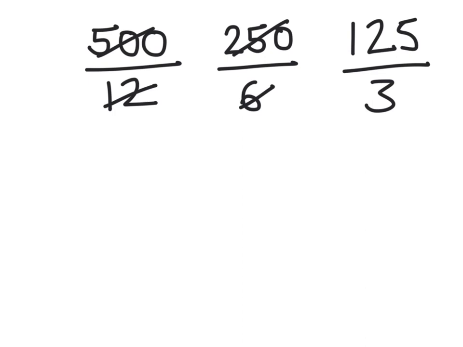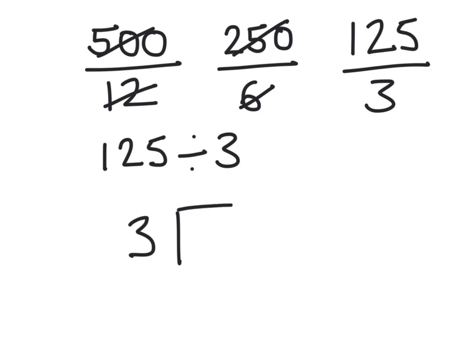Going back to division decisions, you'll remember that 125 over 3 is the same as saying 125 divided by 3. But as a method for solving a mathematical problem, that division number sentence is of very little use to us until we know what to do with it. And we're going to go back to my old favourite method here, bus shelter division, to work out how many times 3 goes into 125.